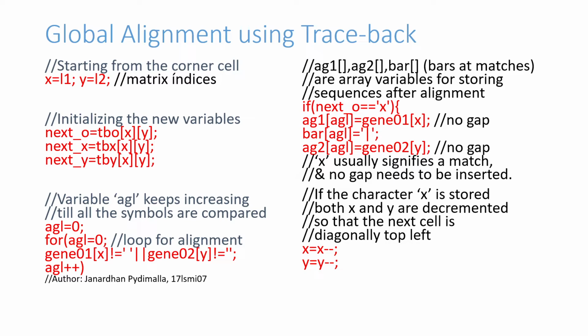You can see the condition: gene 1 not equal to space and/or gene 2 not equal to space. This condition makes sure that all the cells in the traceback matrix are covered.